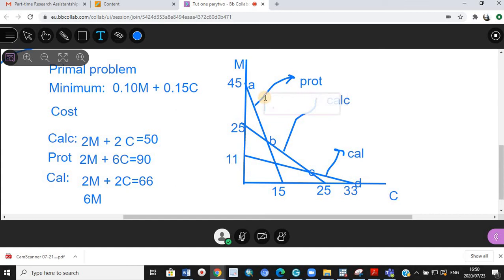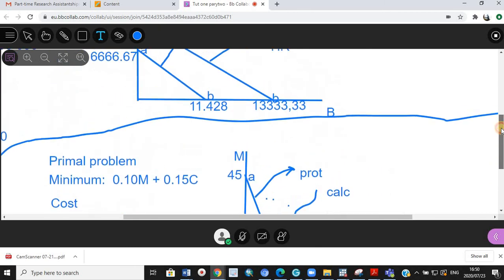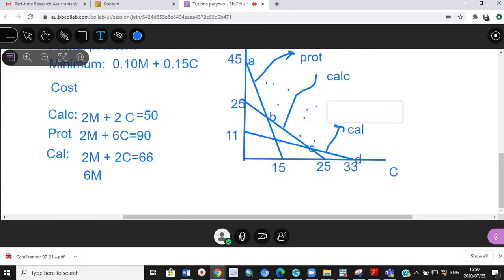So this is how basically our graph or diagram looks like.